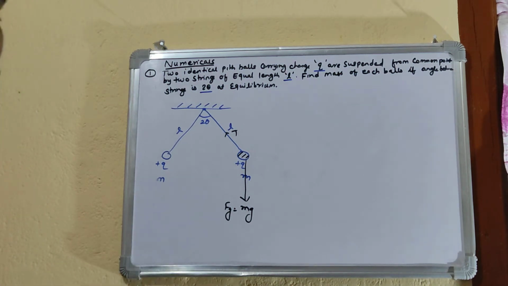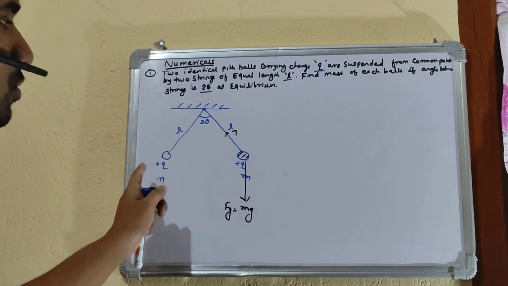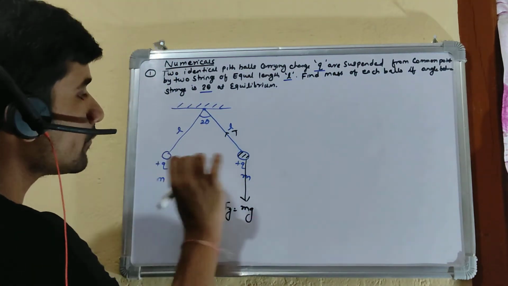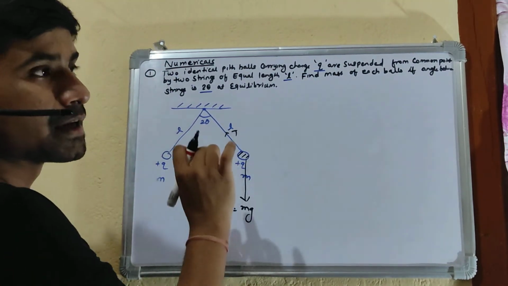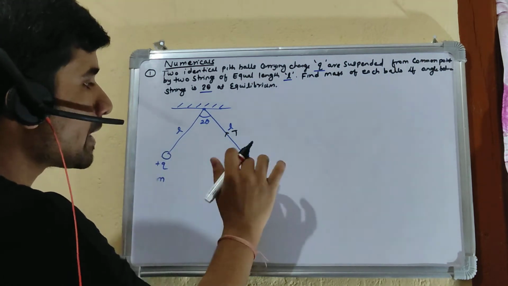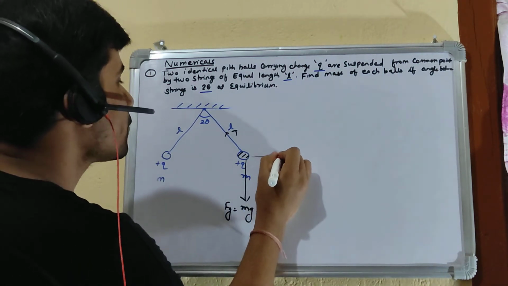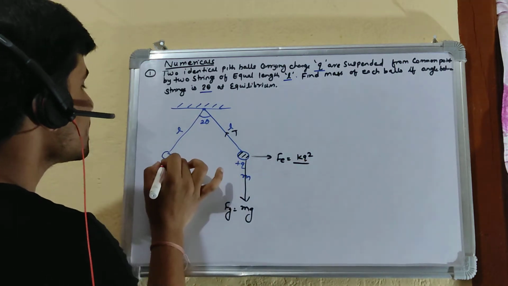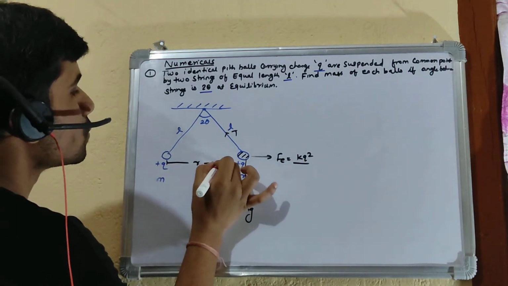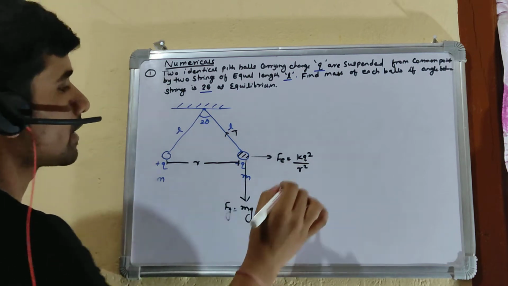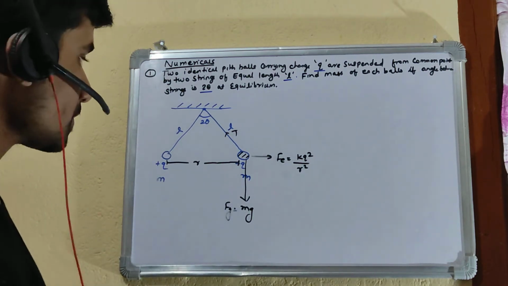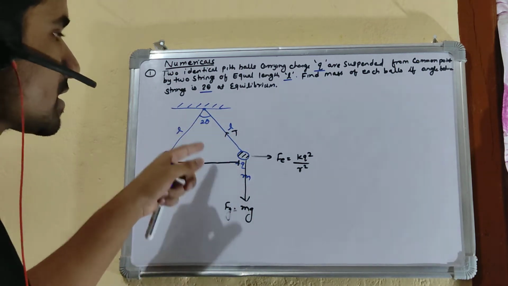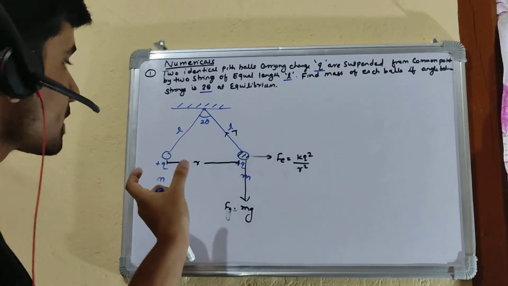Now there is a third force, which is because of this plus q on this one, which is nothing but electrostatic force, and it is away from this because both are of the same sign, so this will repel this by electrostatic force, which is nothing but kq square by r square, let's say this distance is r. Okay, clear? Now what are the unknowns to us? We don't know the value of the tension, we don't know the value of this r.